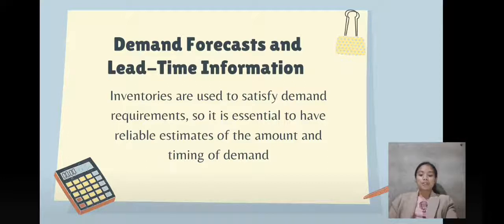In addition, managers need to know the extent to which demand and lead time might vary. And the greater the potential variability, the greater the need for additional stock to reduce the risk of a shortage between deliveries. Thus, there is a crucial link between forecasting and inventory management.